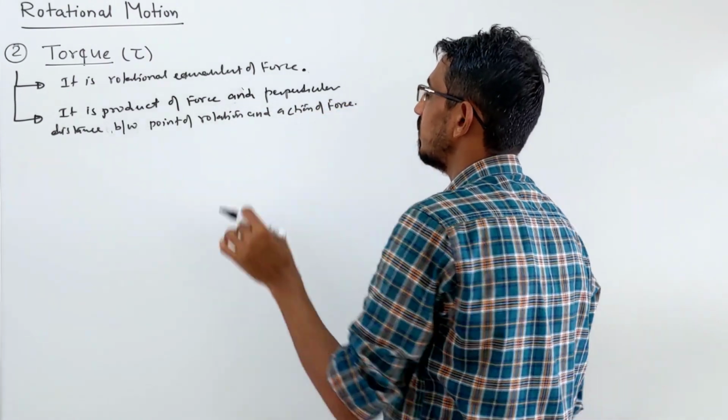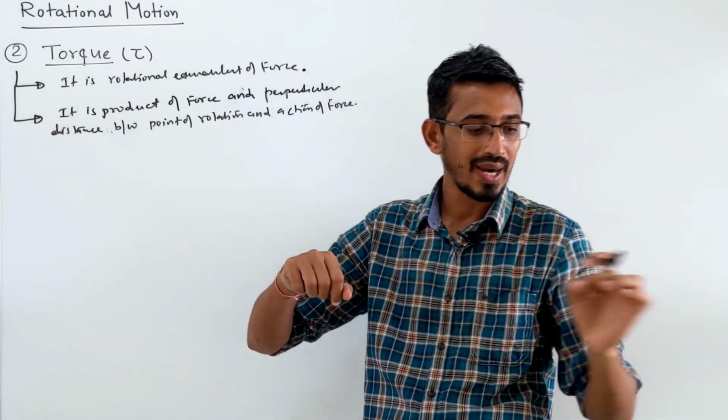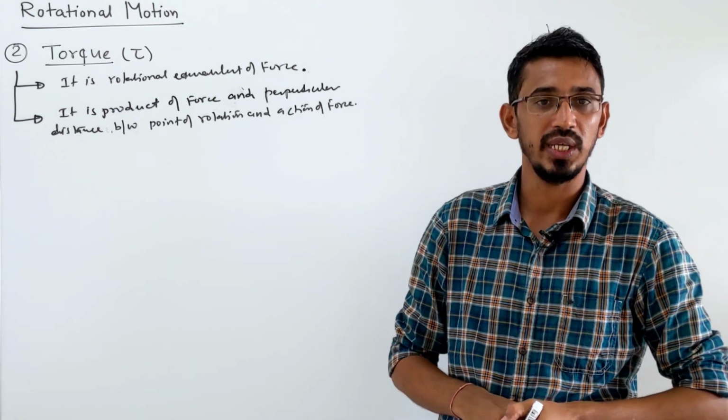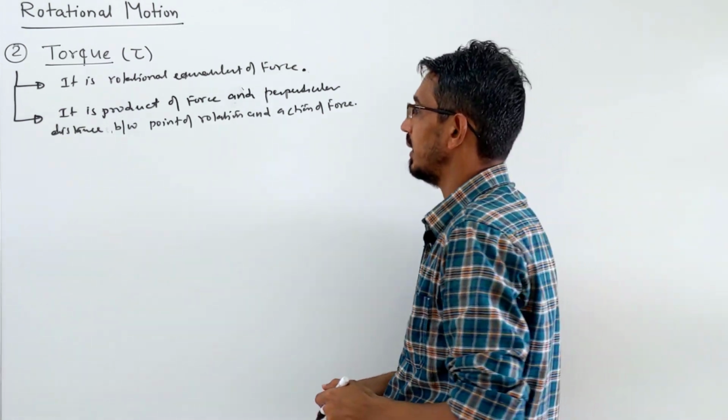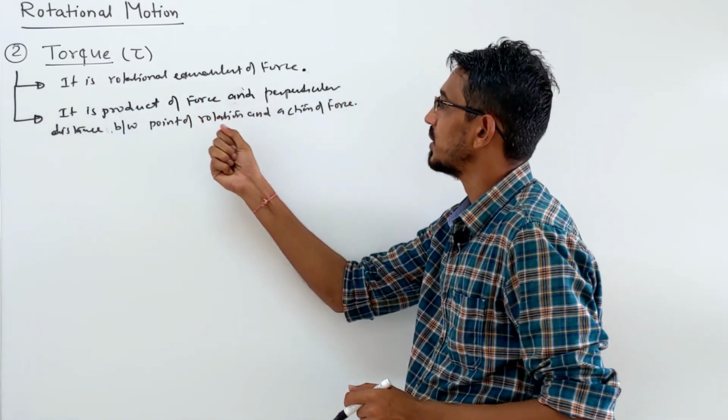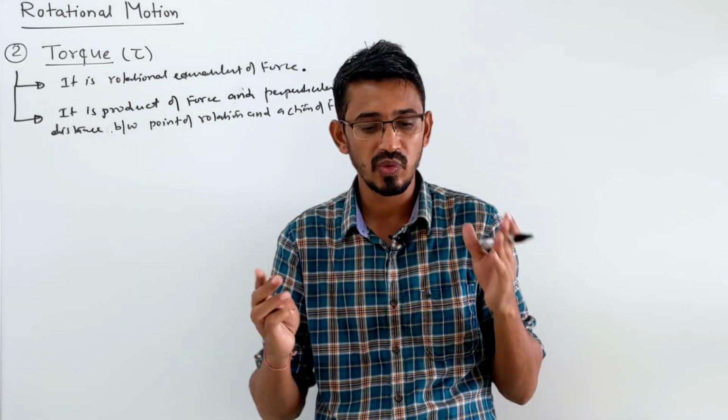It's the distance between where the force is applied and the point about which the body is rotating. Correct? Yes. It's the product of force and the perpendicular distance between those two.